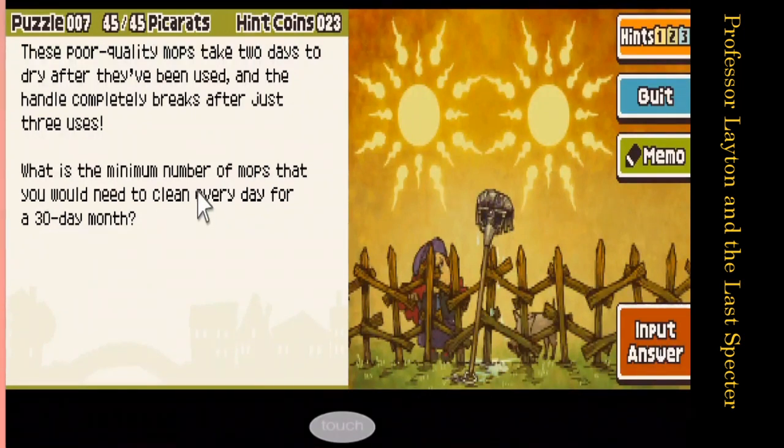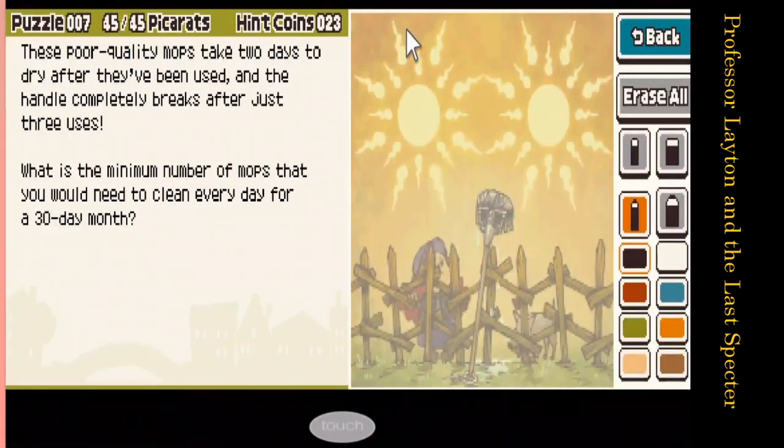Oh, okay. So, this is like a math thing. Mop number 1 for the first day takes 2 days to dry, so that's 3 mops. 3 mops every 9 days.